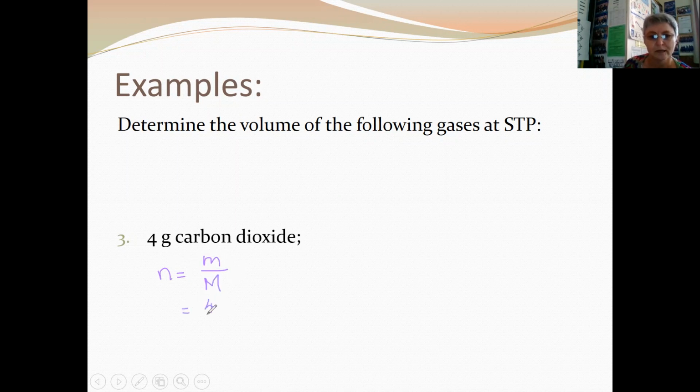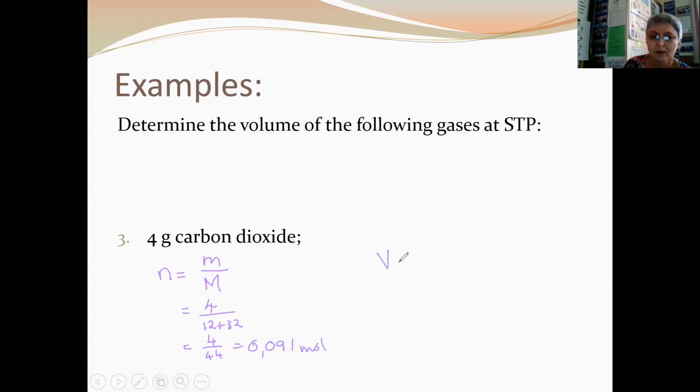So it's 4 grams, and carbon dioxide is 12 for carbon and 32 for the 2 oxygens. So that is 4 divided by 44, which equals 0.091 moles of carbon dioxide.